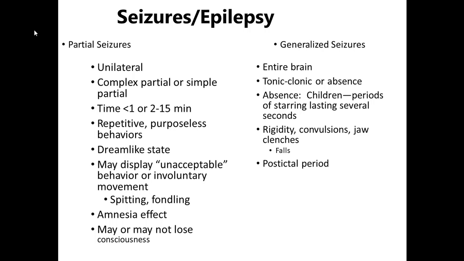And partial seizures are these repetitive, purposeless behaviors. It can be different things like rubbing their knees or spitting or fondling. Sometimes these behaviors are actually unacceptable, and people just need to realize that this is their seizure pattern.